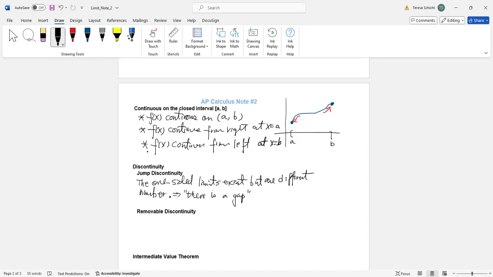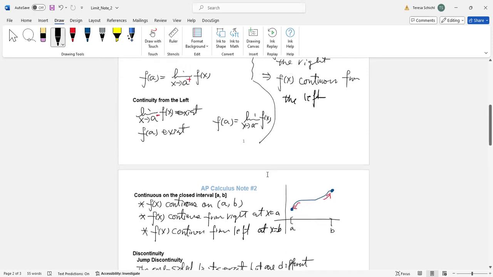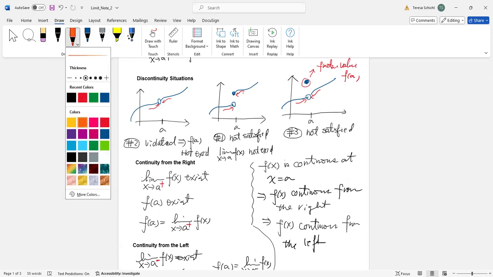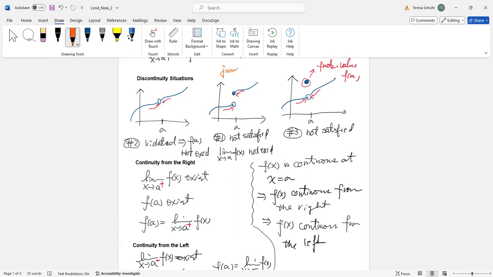Let's take a look at the example we just showed a while ago, up here. For the second situation, both the left limit and the right limit exist, but they have different values. So we know this is a jump discontinuity. There's a gap in between.